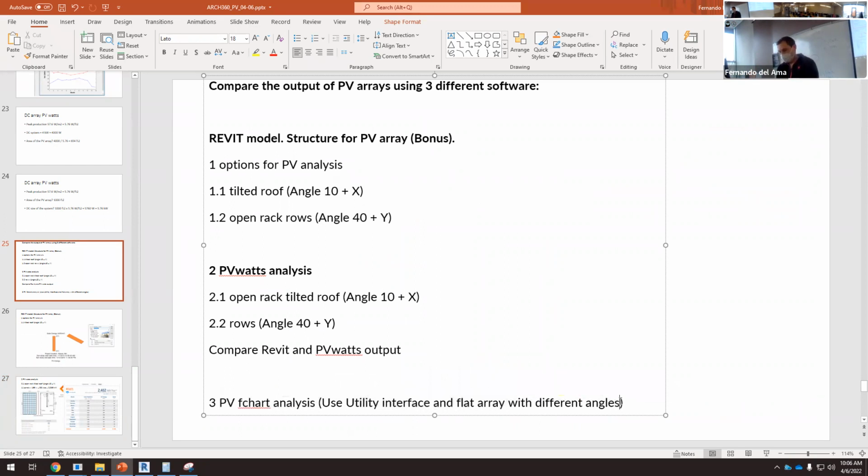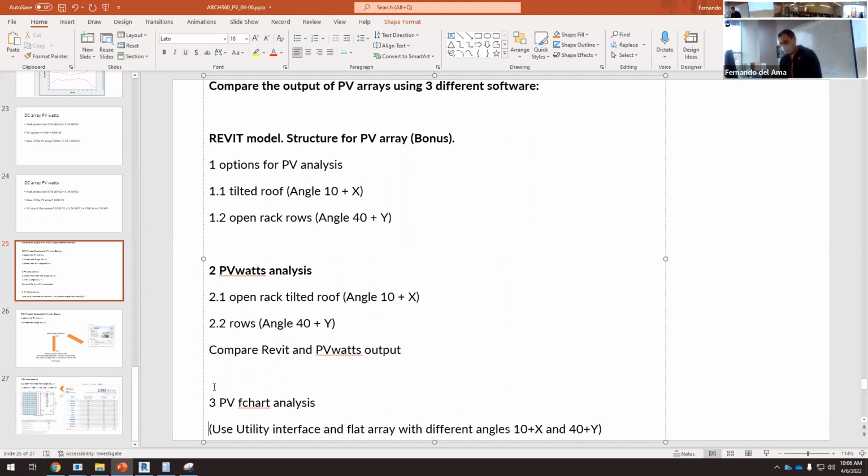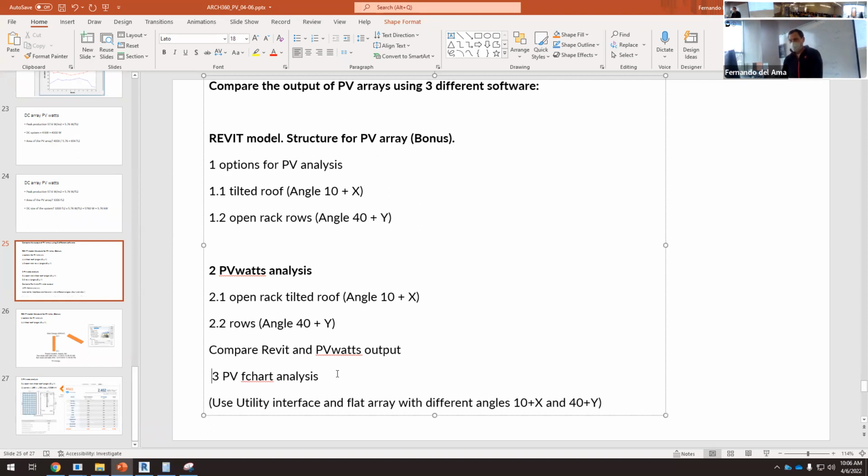The different angles are 10 plus X and 40 plus Y. Okay, so you have to use the same angles that you have used for the other one. We're going to do this with 10 degrees.